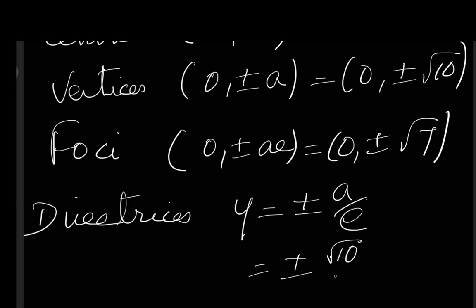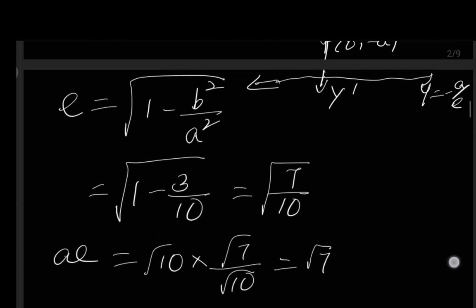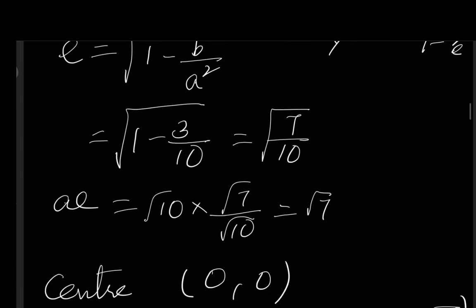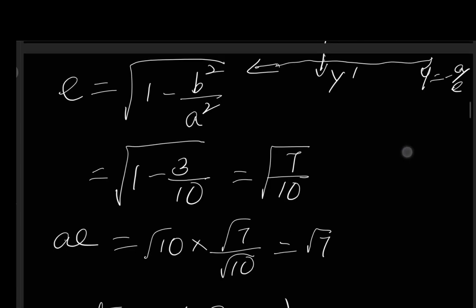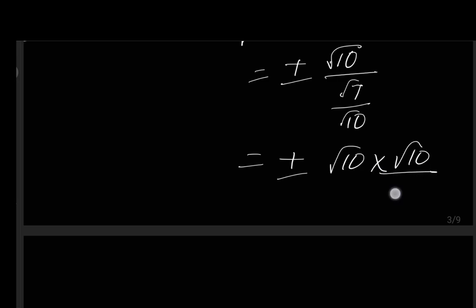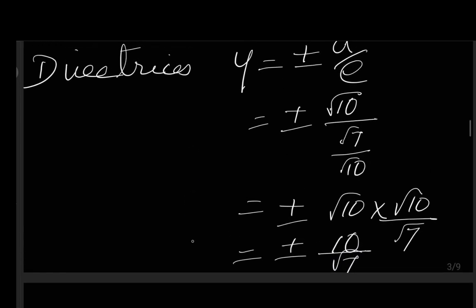A we got root 10. And what is the value of e here? E is equal to root 7 by root 10. So, plus or minus root 10 into root 10 by root 7. So, root 10 into root 10 is 10. 10 by root 7. So, this is your y. Y is equal to plus or minus 10 by root 7, the directrices.